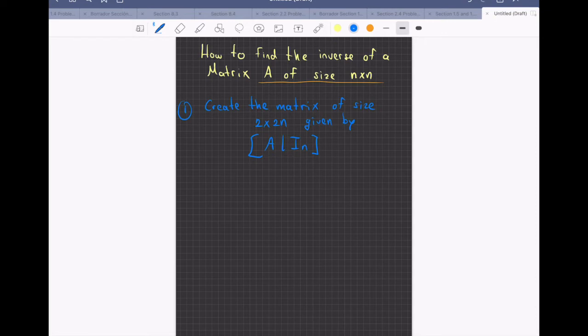How do we create this matrix? It's going to be a bigger matrix. We have to use the matrix A and assign the identity matrix with size n. Number 2, apply row operations to reduce the matrix.